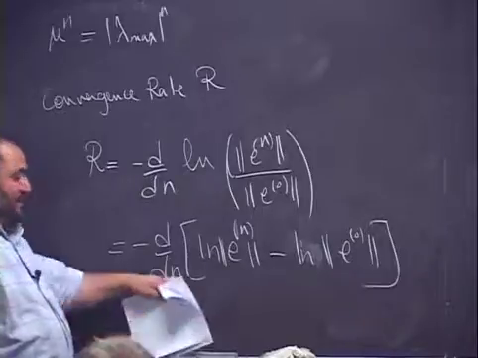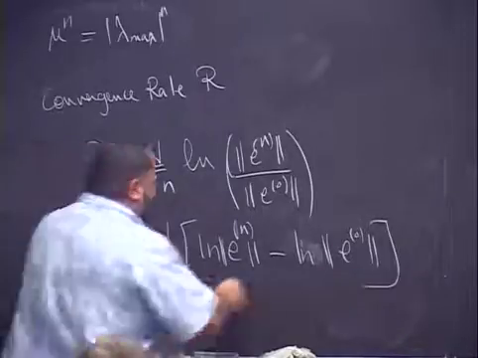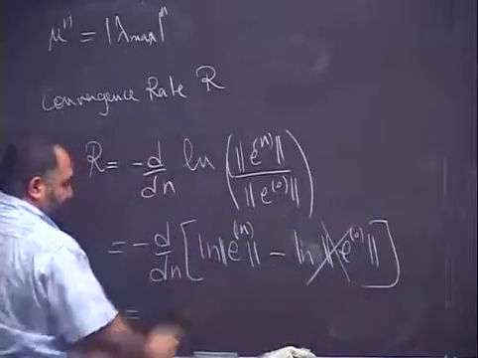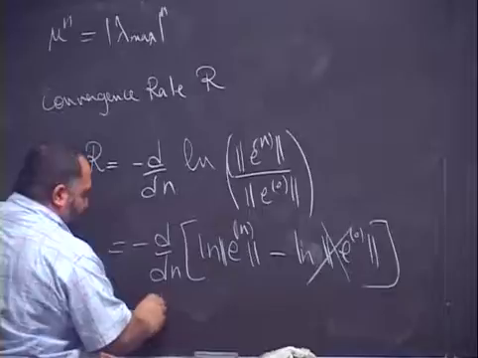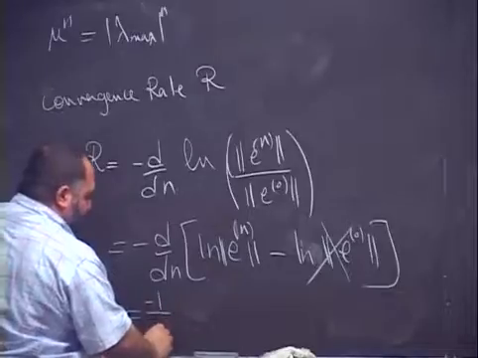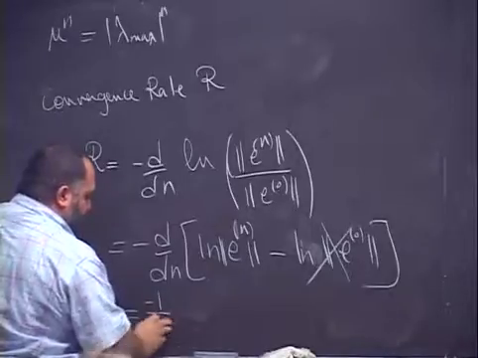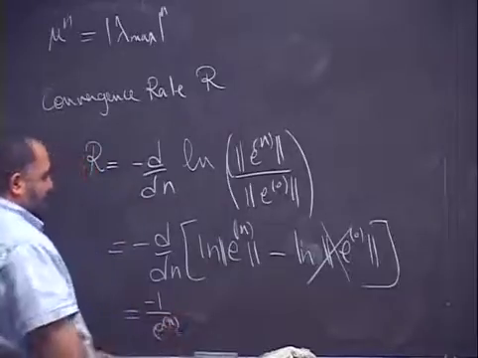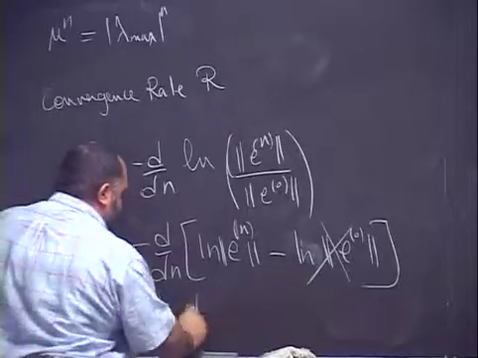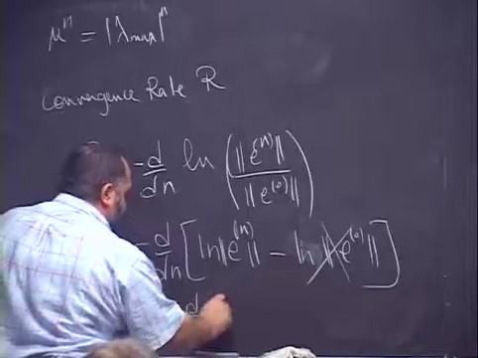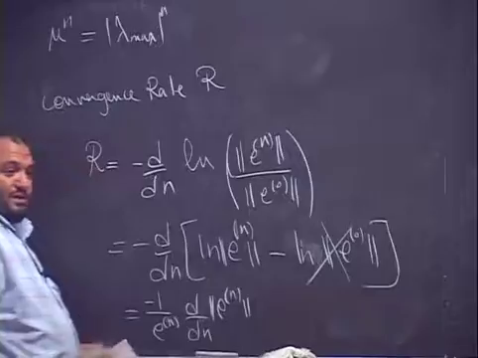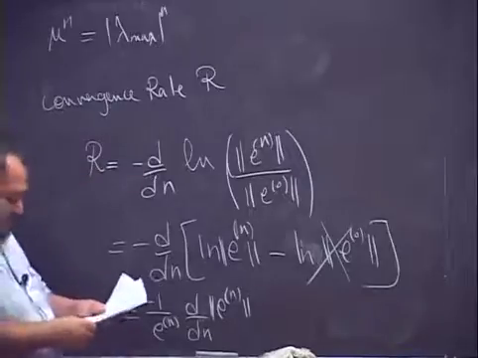It does not depend on n. So when you differentiate this part, this will give you 0, and this will give you minus 1 over En, multiplied by d by dn of En. So this is R.